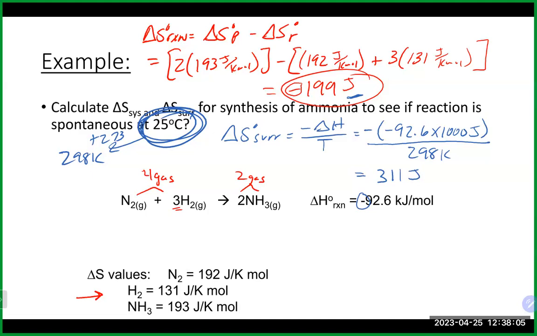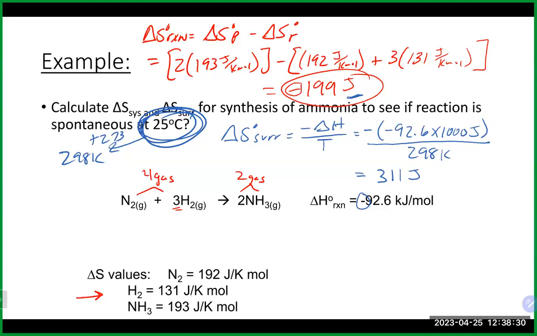We should expect the surroundings to increase in entropy, increase in disorder, because of the energy coming from the reaction. Then we should end up with a delta S that is positive, which we did in this case. So these are things you can check as you're doing your calculations to make sure they make sense, just in case you mess up somewhere along the way.